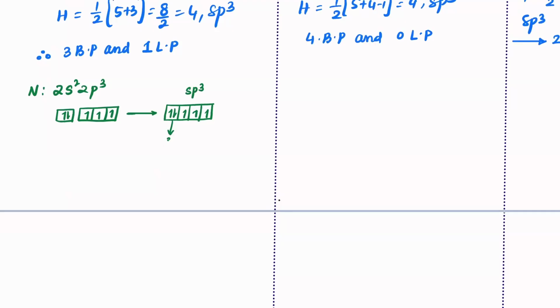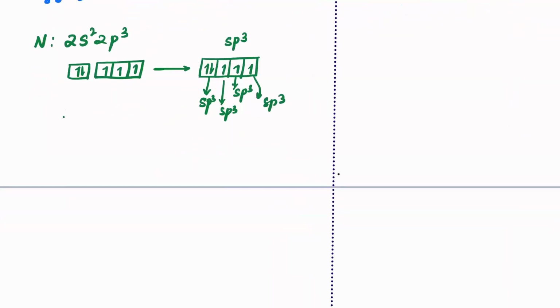This is sp3, this is sp3, this is sp3 hybridized orbital, and this is also sp3 hybridized orbital. So if I put all the hybridized orbitals together, how does the shape look like? Like this, like this, and like this. And all of them will have at least one electron here, and this lobe will have a pair of electrons.